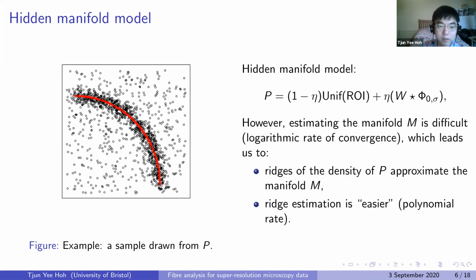And if you can visualize that, the peaks, the local modes or maxima of this density, where the density is highest, will correspond almost to the red line. It will correspond almost to the manifold M. And these local modes or local maxima, we will call the ridge of the density. So the ridge of this density approximates the manifold M. We also use the fact that ridge estimation is an easier problem. So it has polynomial rate of convergence instead.